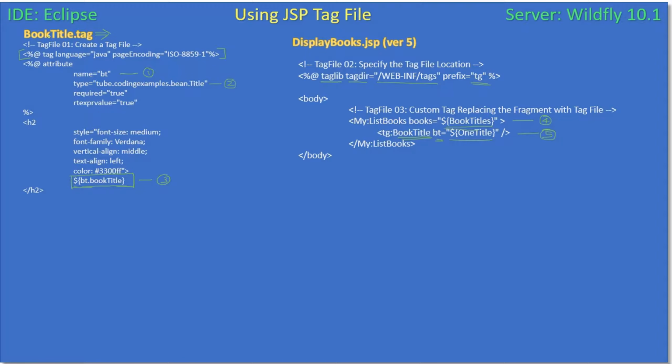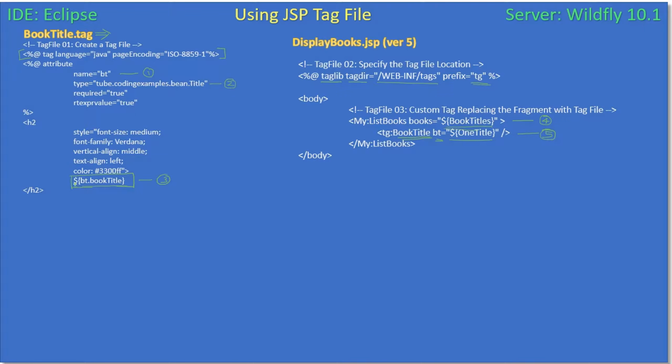That's all. These two files will be defined by the JSP coder. The JSP coder creates a tag file within a tag directory. They say, I'm providing a tag book title, and that will receive a title bean in the attribute bt.